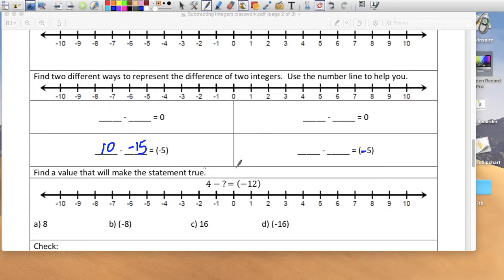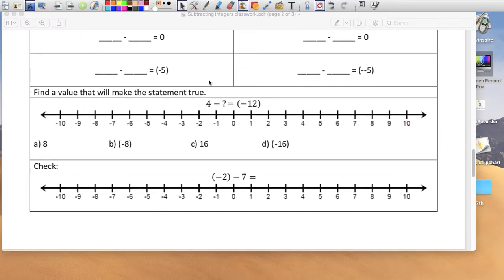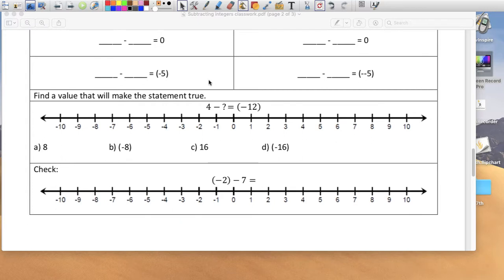All right, so you get an idea. And then the last one is, you have to figure out which of these 4 substitute in here would give me negative 12. Is it 4 minus 8, 4 minus negative 8, 4 minus 16, or 4 minus negative 16?